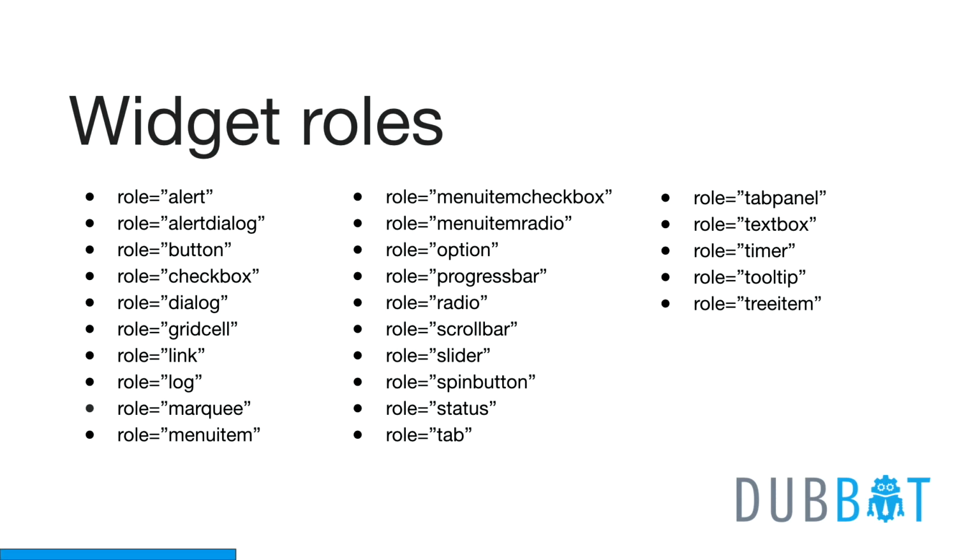So different widget roles that exist are alert, alert dialog, button, checkbox, dialog, grid cell, link, log. You'll see there's a huge list. The ones I see most often in higher education websites are tab panel, and yeah, I think those are the main ones.